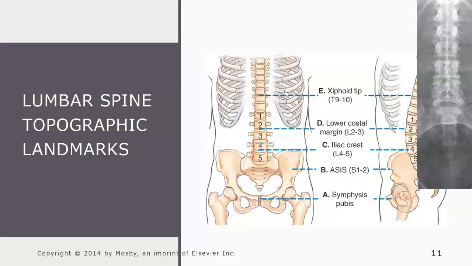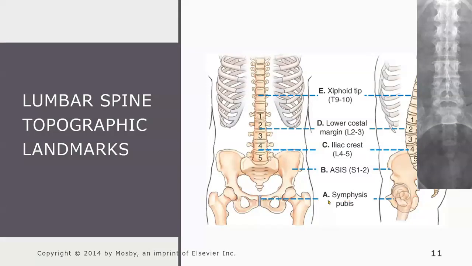As is at the sacrum 1 and 2. We all palpate the ASIS, but when you go horizontally across the body, we do not realize that it is at the level of S1, S2, sacrum 1 and sacrum 2. We all are pretty familiar that the symphysis pubis lies at the greater trochanter.